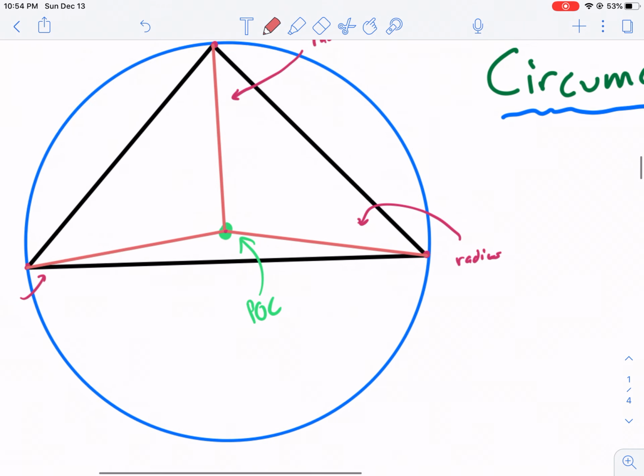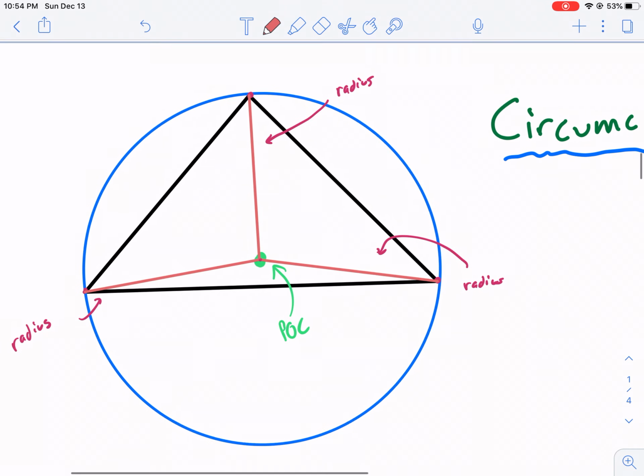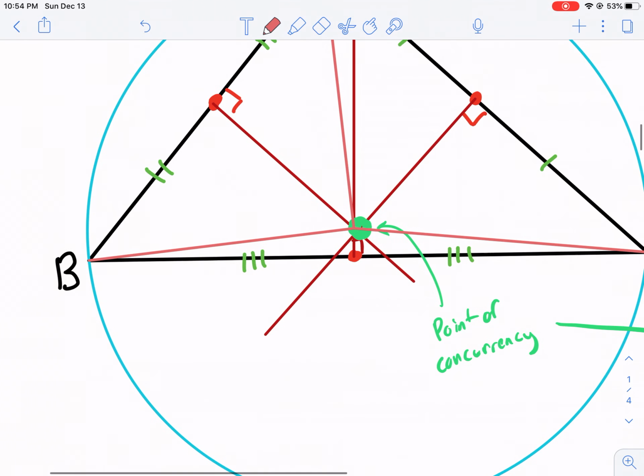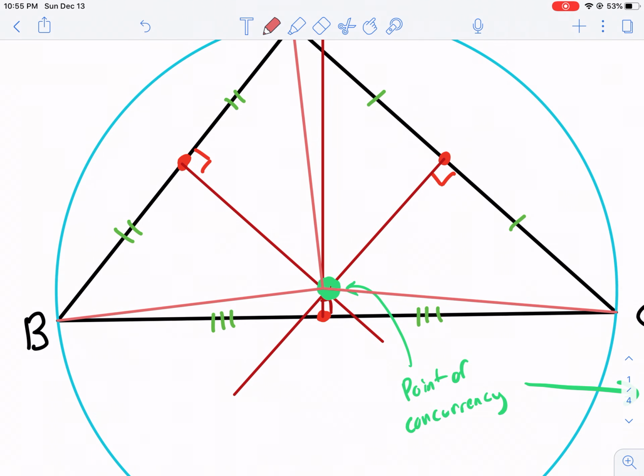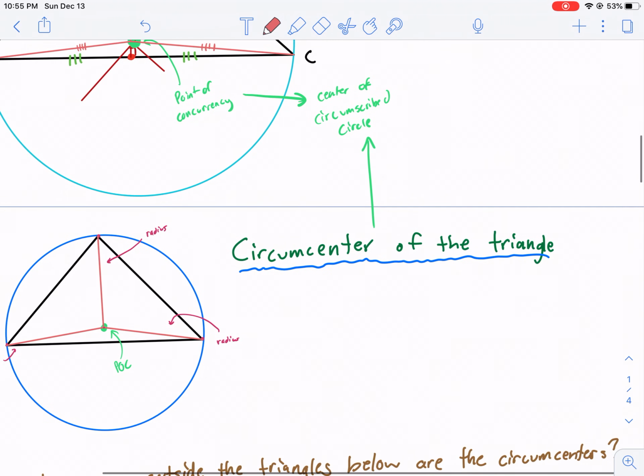Now we can draw radiuses, radii, from the center of the circle, the point of concurrency, to the vertices of the triangle, and we know all those lines are the same distance away. So this was a long way of saying that the circumcenter of a triangle is equidistant, that's an I, equidistant from the vertices of a triangle.